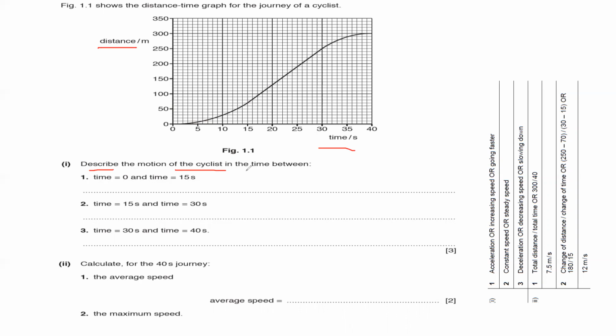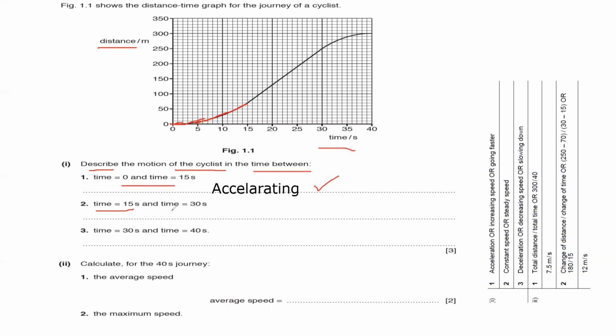Describe the motion of the cyclist in the time between 0 and 15 seconds. What is happening to the motion from 0 seconds to 15 seconds? This part. What is happening to the speed? Speed is increasing, or it is accelerating, that's right.